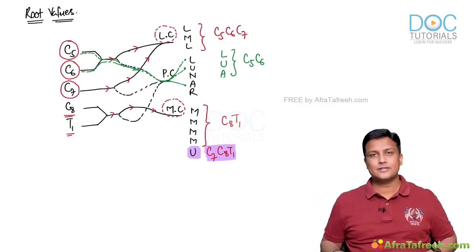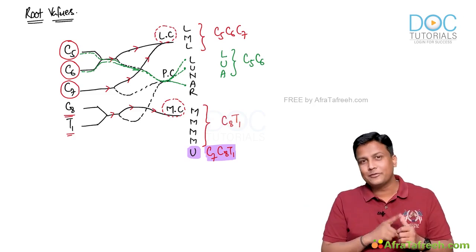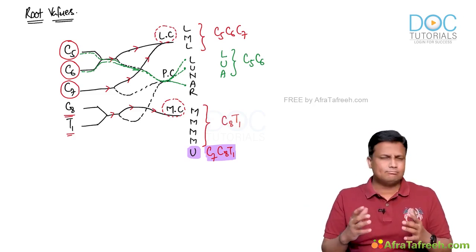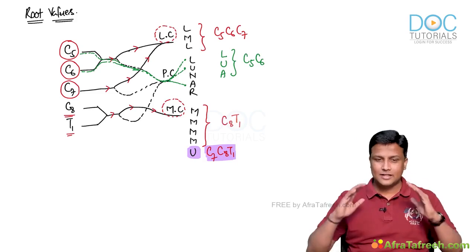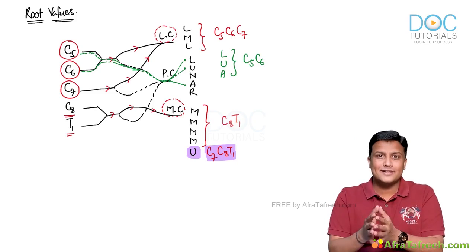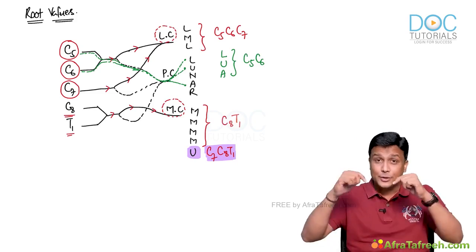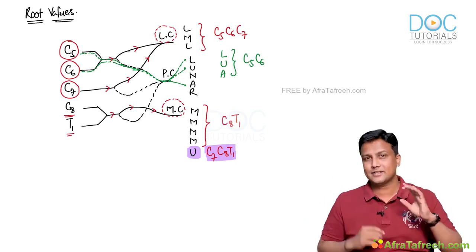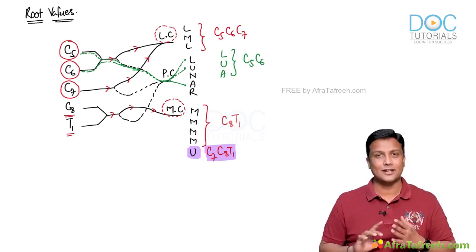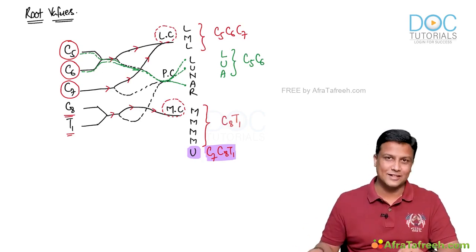Internally, only the contribution is coming from C5 and C6, guys. Understanding? So it is absolutely possible. See, even though all the divisions are combining to form the posterior cord, it is not necessary that all the neurons should contribute. So internally, only C5 and C6 are contributing to lower subscapular, upper subscapular and axillary. That is why their root value will be C5, C6.